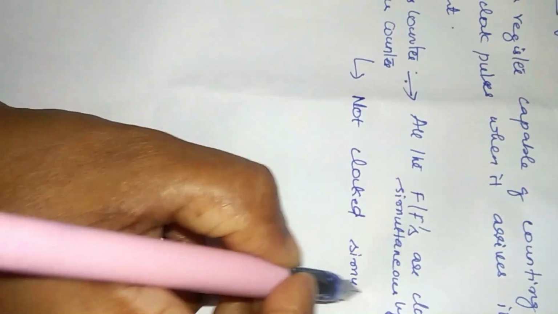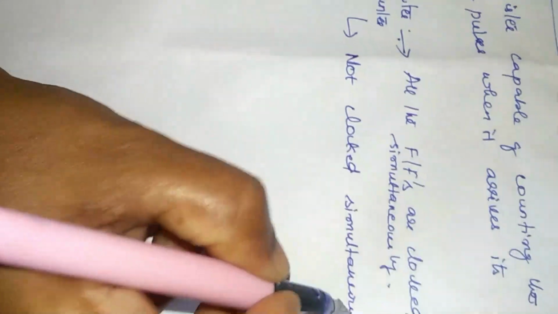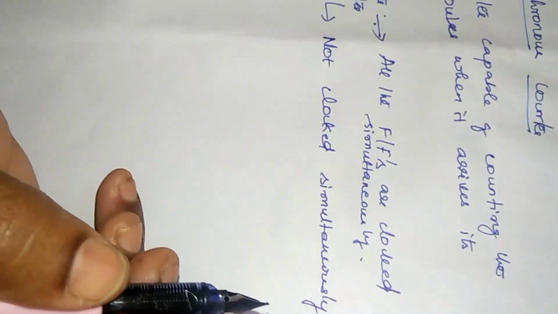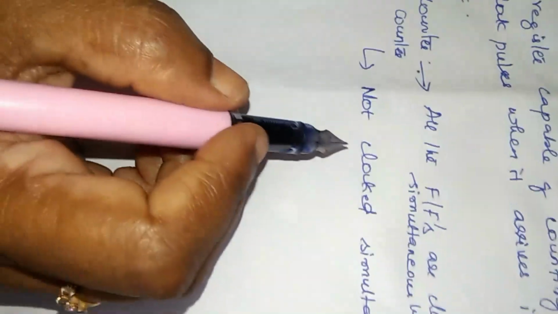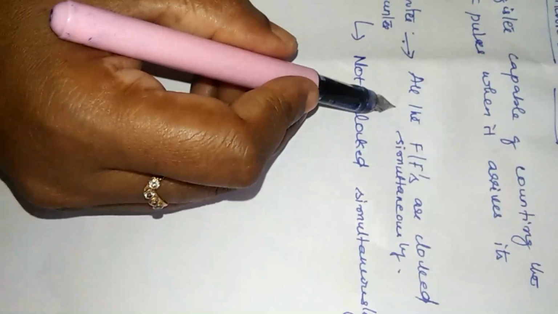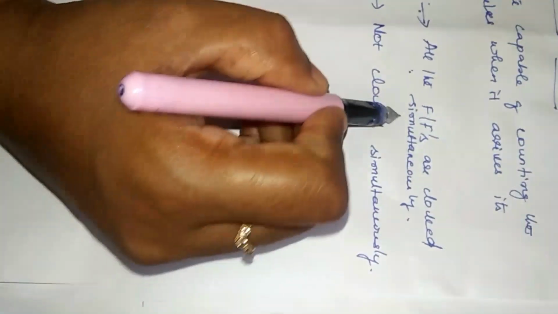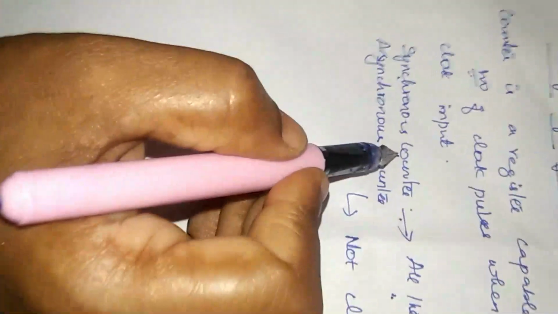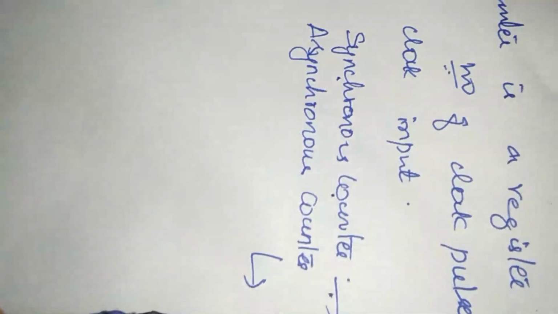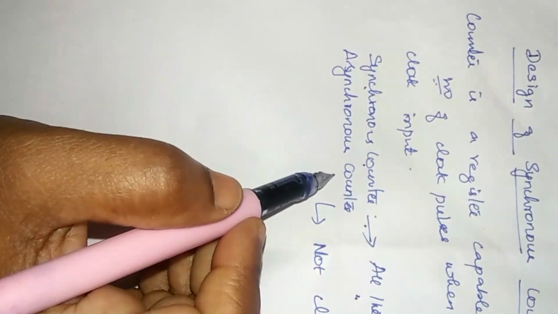This is one of the major differences in operation. When the counter is clocked such that each flip-flop is triggered at the same time, that is a synchronous counter. But in case of asynchronous, that doesn't happen, and that is the speciality of the asynchronous counter.